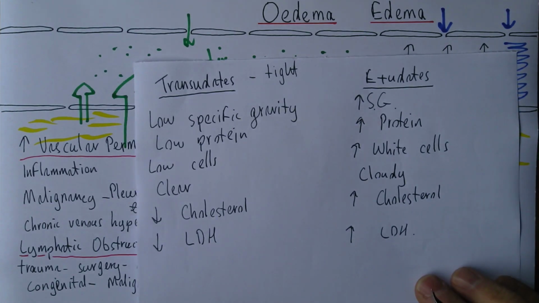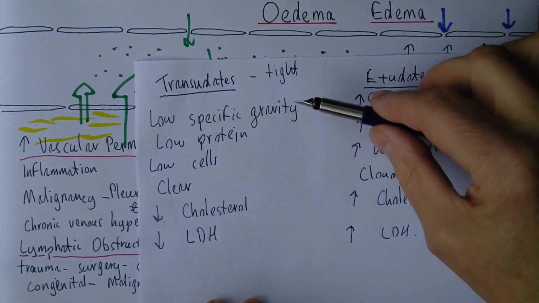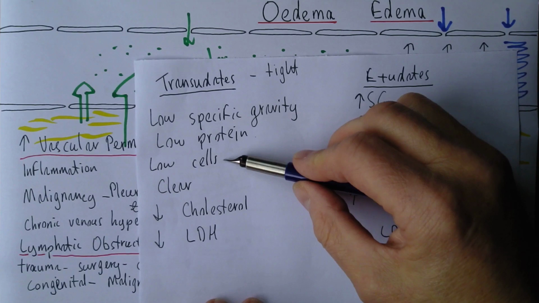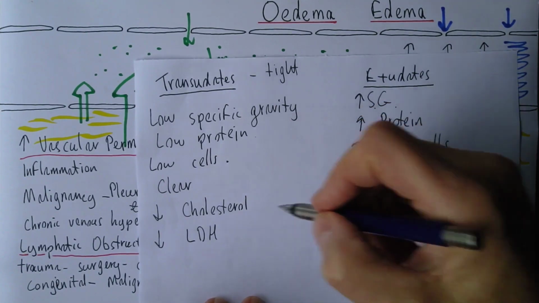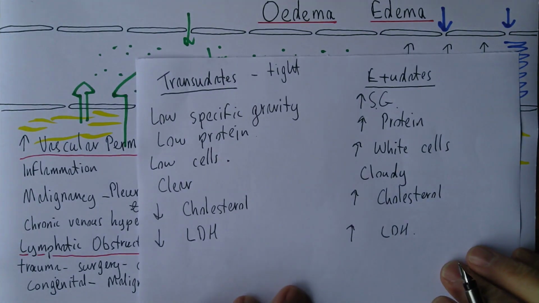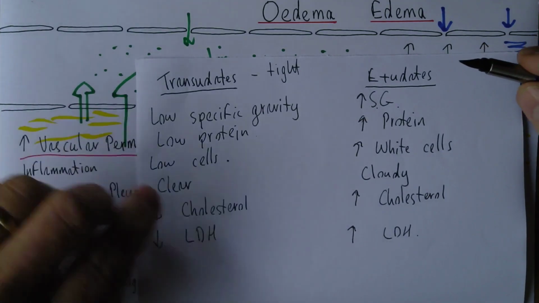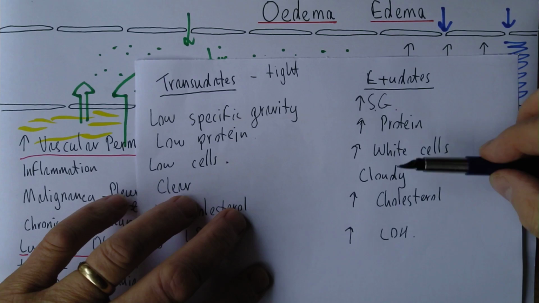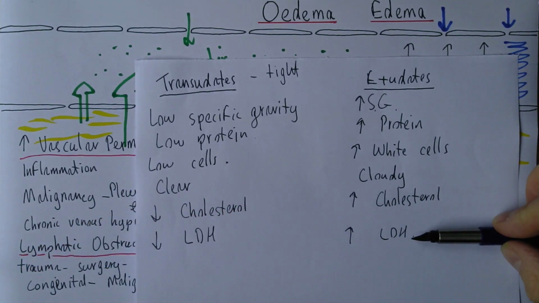So we can see these differences between the transudates with the tight junctions with the vessels intact. Low specific gravity because the proteins are kept in, the white cells are kept in. That means it's fairly clear and other chemical components of the blood are kept in. Whereas with the exudates, because we have the increased vascular permeability usually, increased specific gravity because there's more protein, there's more white cells, that can make it cloudy and other components of the blood can escape.